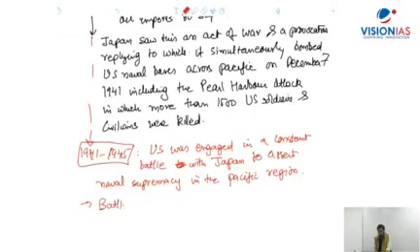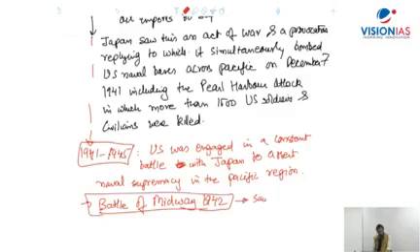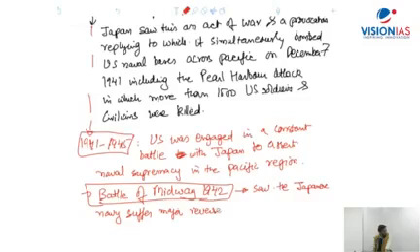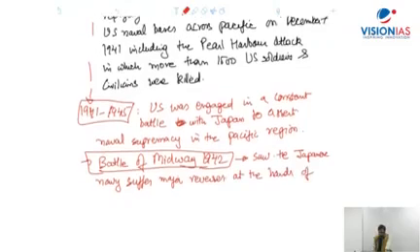The Battle of Midway in 1942 saw the Japanese Navy suffer major reverses at the hands of the United States.